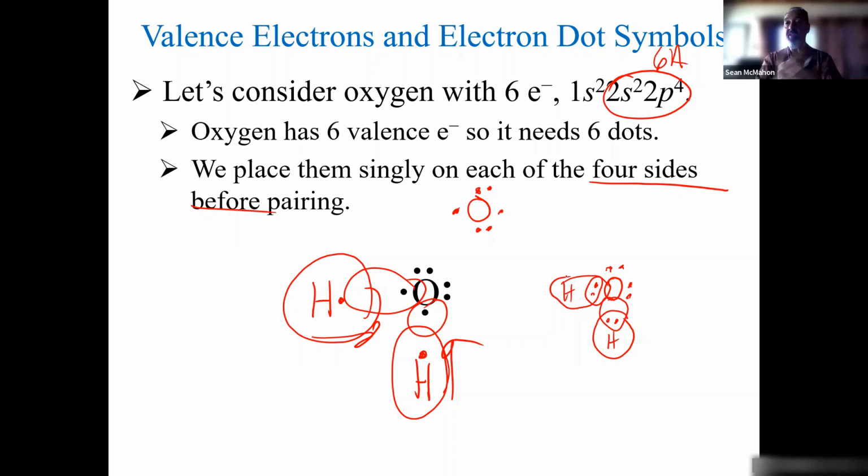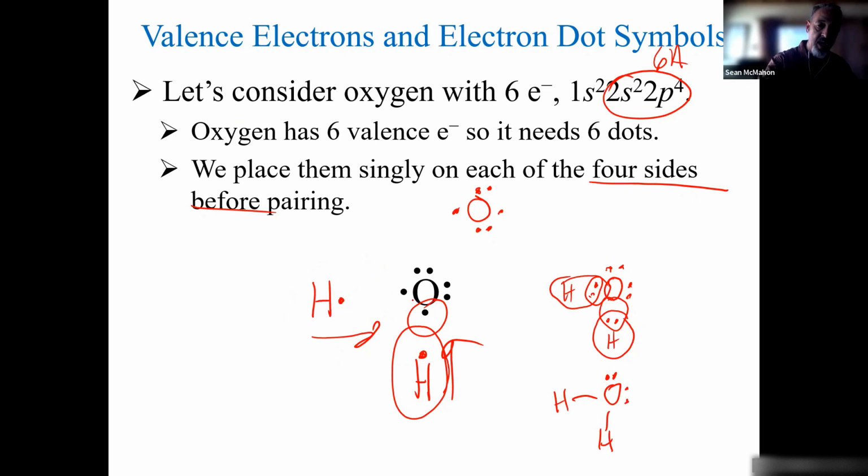And we draw that overlapping region of space now, because as they approach, they can share their electrons, and we draw it as bonds, which we draw as lines. And there's H2O.